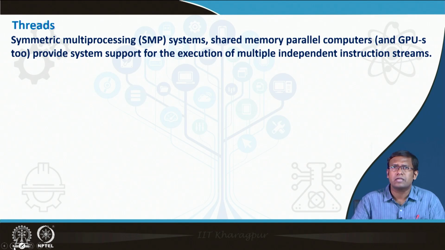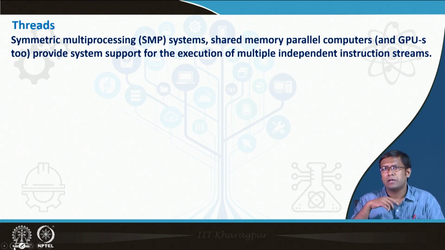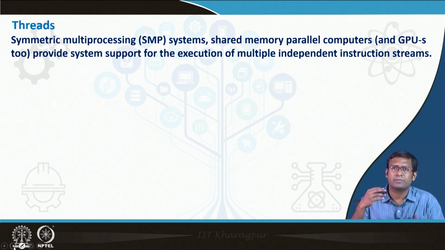Symmetric multiprocessors, shared memory parallel computers as well as GPU cards provide this system support. So it is not just the hardware, but also the software, the operating system, and the scheduler inside the motherboard, everything needs to give support for execution of parallel programs.